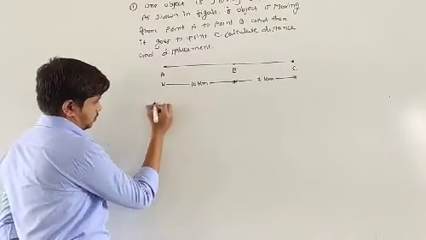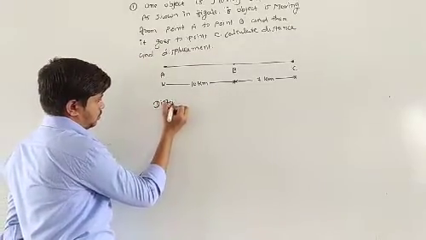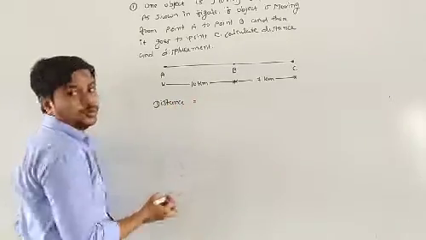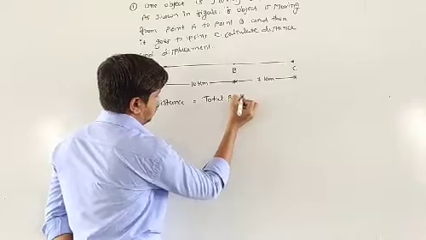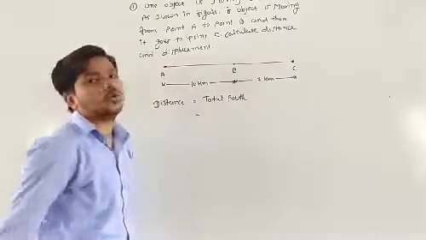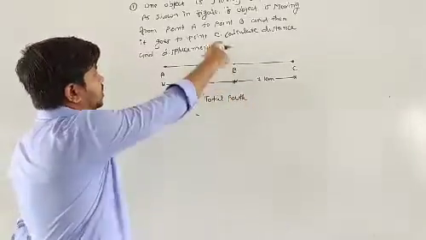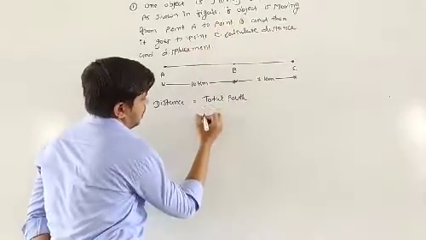Now the distance. Distance is equal to the total path. What is the total path? The object is moving from A to B, so AB.